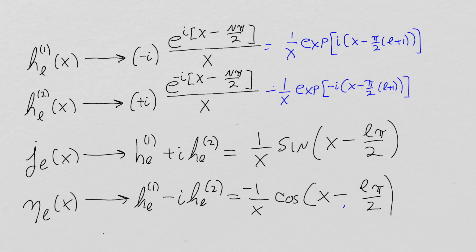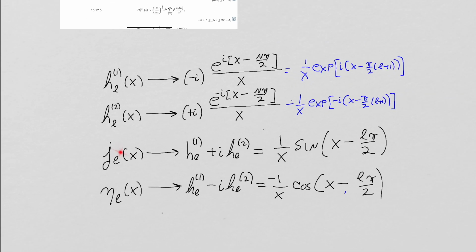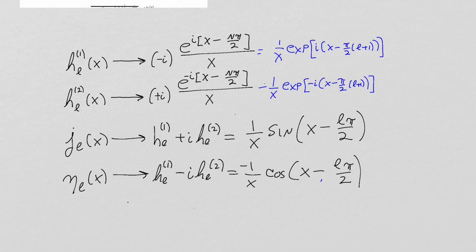If L is 1, this sine actually is just x minus pi over 2, right? If L equals 10, it's x minus 10 pi over 2, which, by the way, is the same as an earlier phase shift, right? Because these phase shifts are going to start imitating each other. So the asymptotic form for certain L's is actually going to be the same, right? So this is really, really interesting.